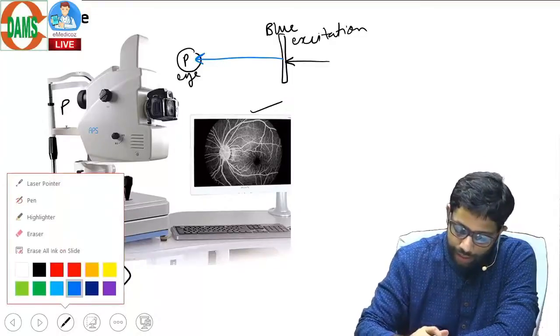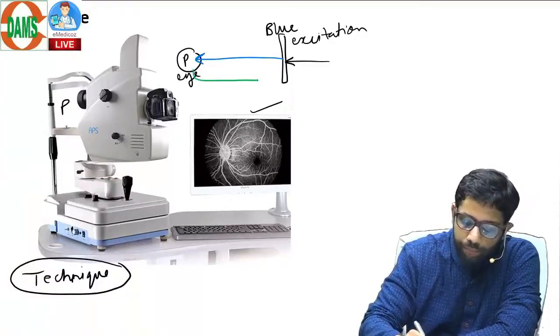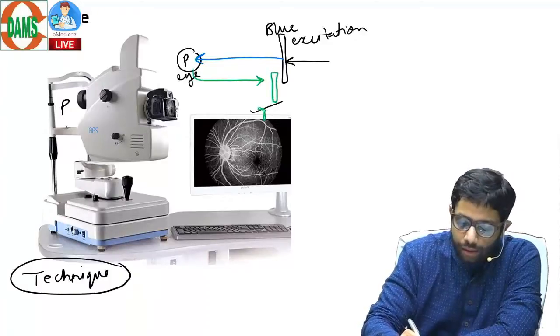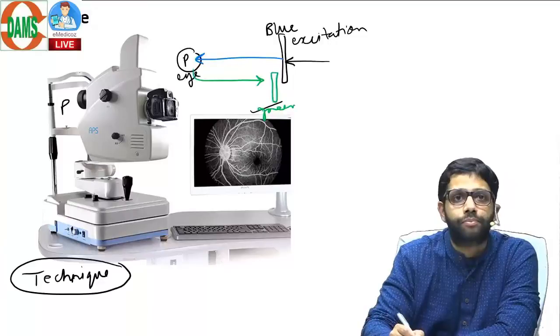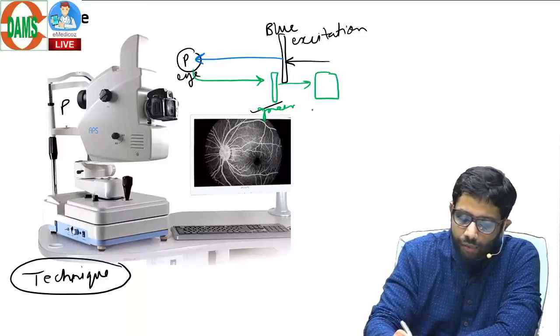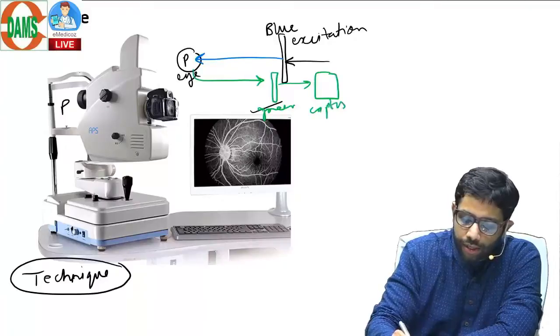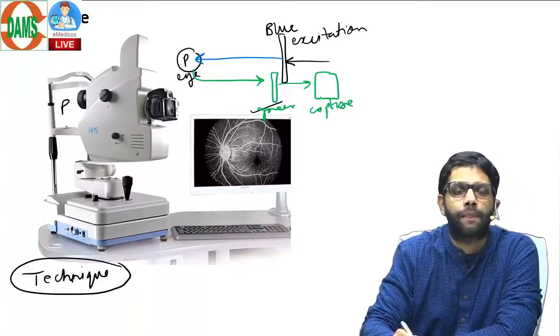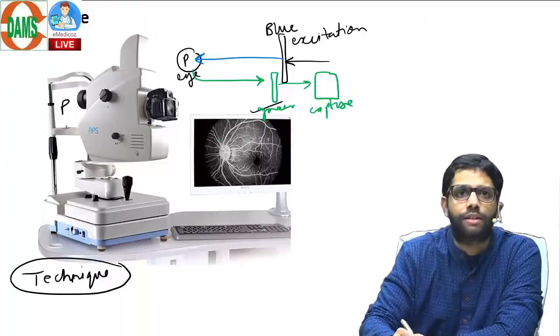So green light will come outside, and there is another filter, green filter, which will come out and will be captured in the device. There will be a photographic camera which will capture the light, and it will be seen on the screen.